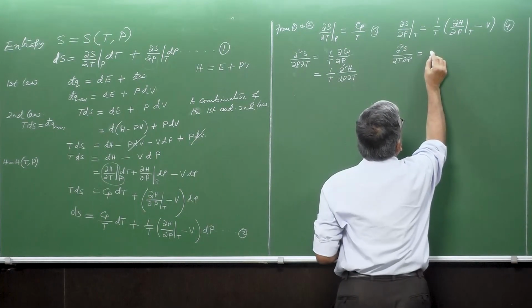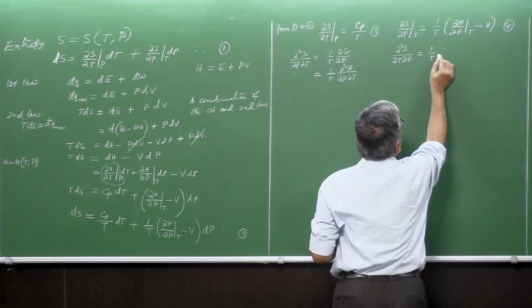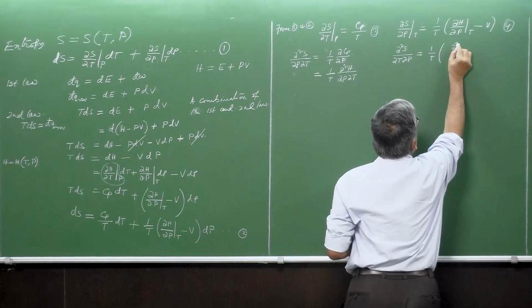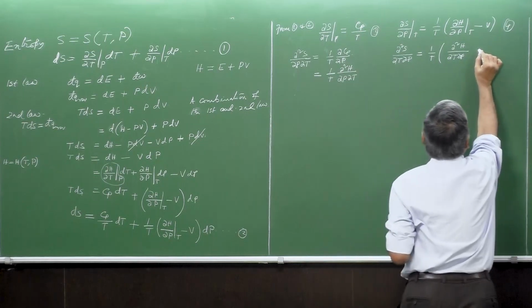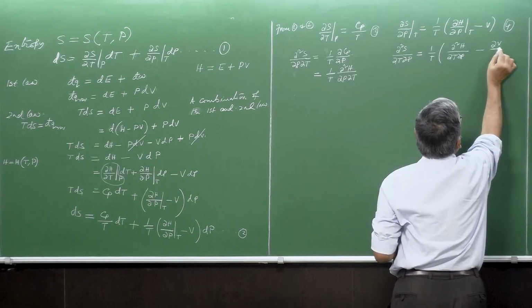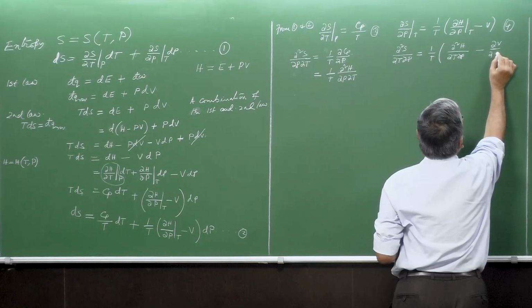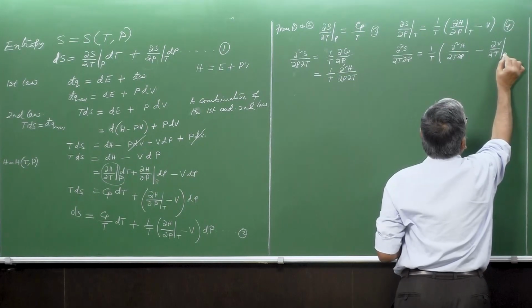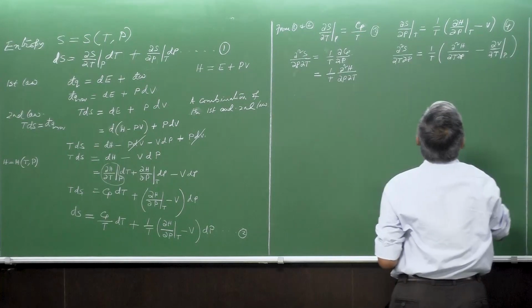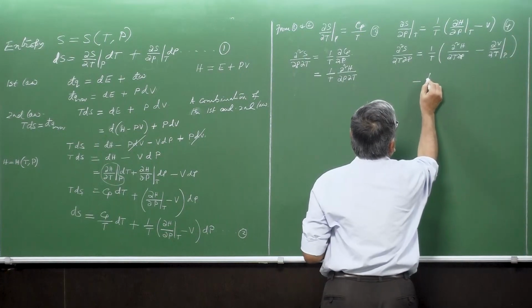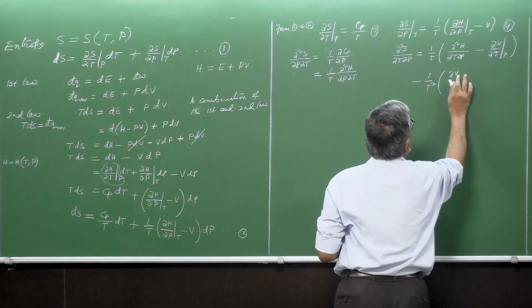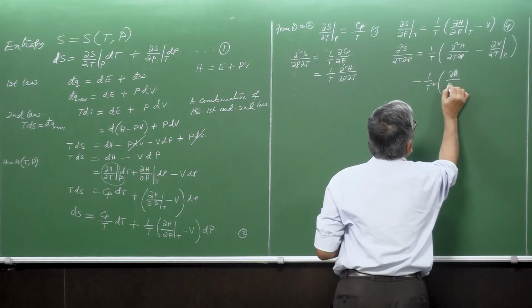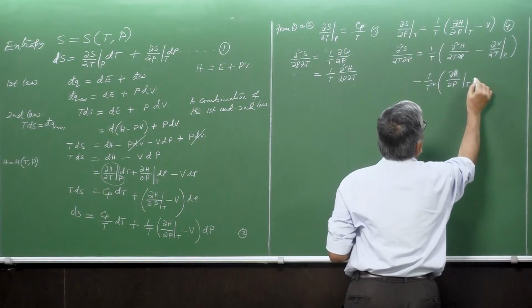This is equal to 1 by T times del square H del T del P minus del V del T at constant pressure, this quantity, minus 1 by T square into del H del P at constant temperature minus V.